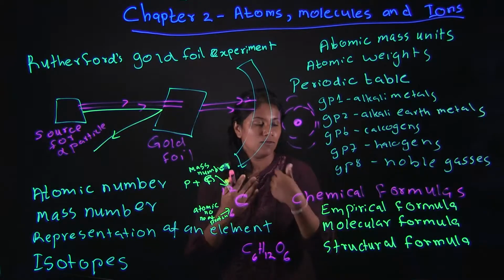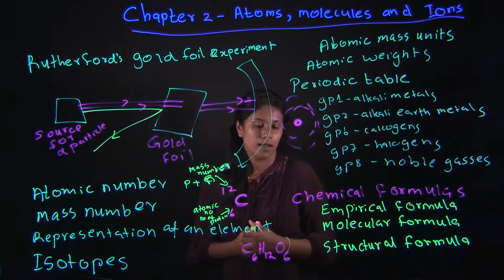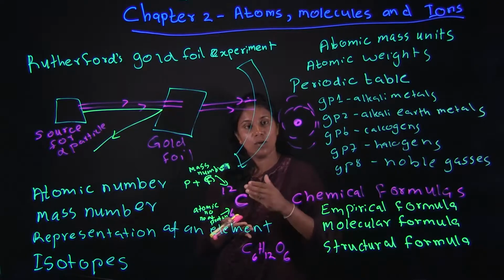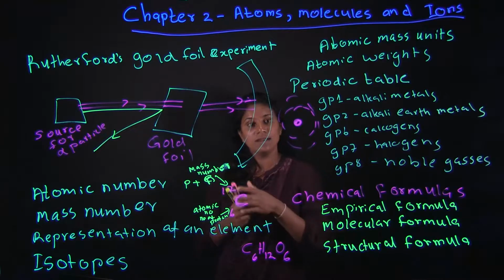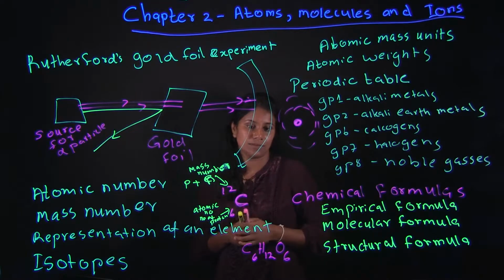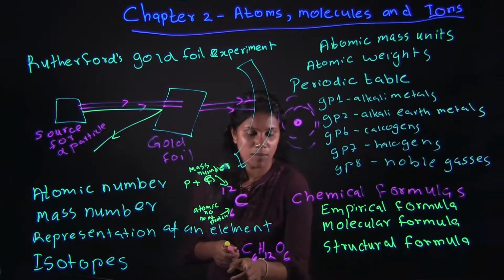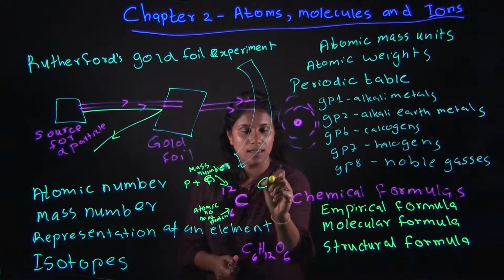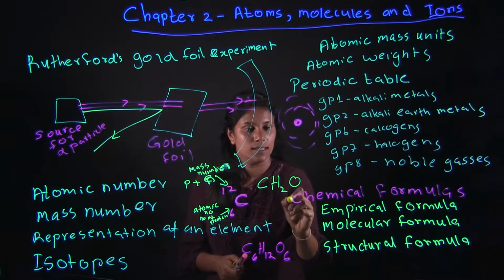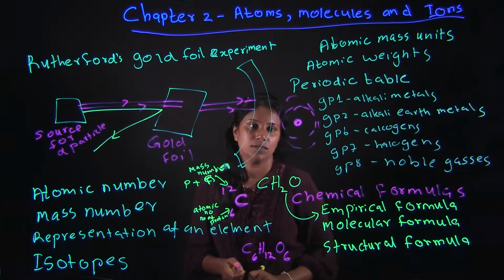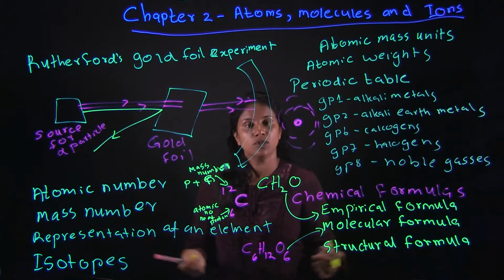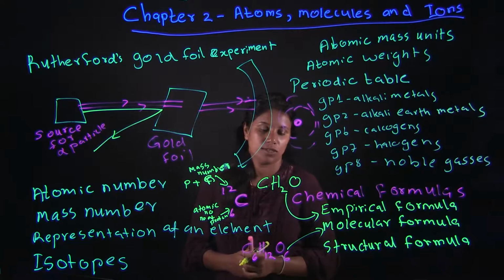What is the empirical formula? The simplest whole number ratio. It gives you just the ratio between atoms. So you find the common factor, which is 6, you divide, and CH2O is the empirical formula for glucose. Structural formula shows even the attachment of glucose.